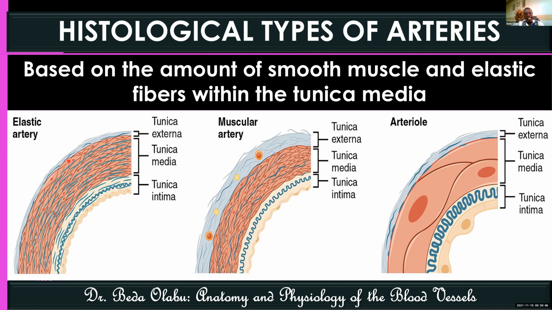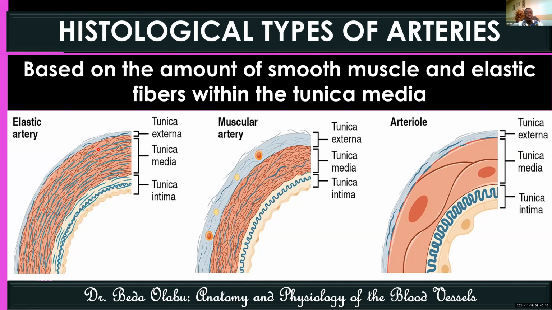An elastic artery has several elastic fibers. What else do we notice about an elastic artery? It has a very thin tunica adventitia. The tunica adventitia is thin. The tunica media is thick, and it contains a lot of elastic fibers. This applies to very large arteries, like the aorta and common carotid artery.